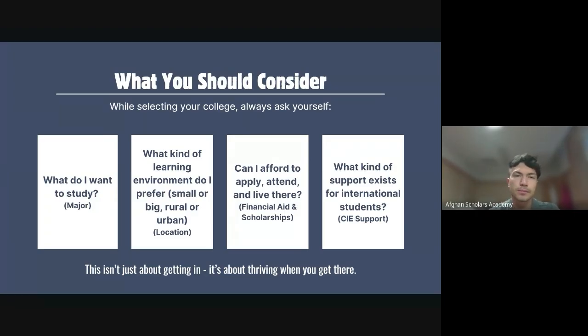I don't want that for you at all. So these are all the factors that you should consider before applying to or selecting a college. These are the factors you should consider as your determining factor for your success.